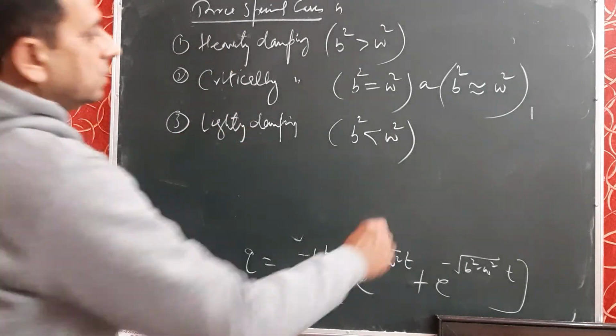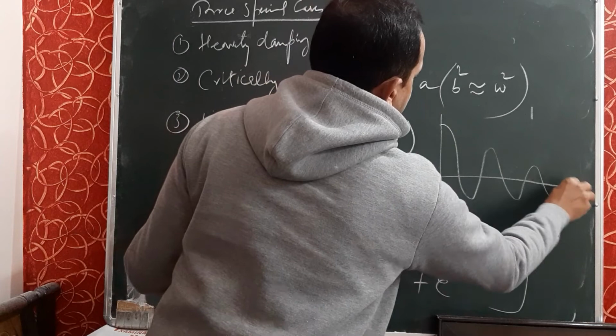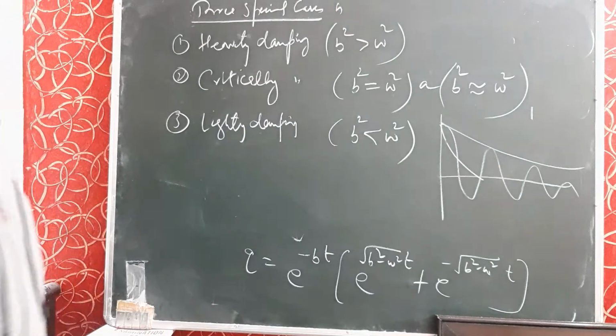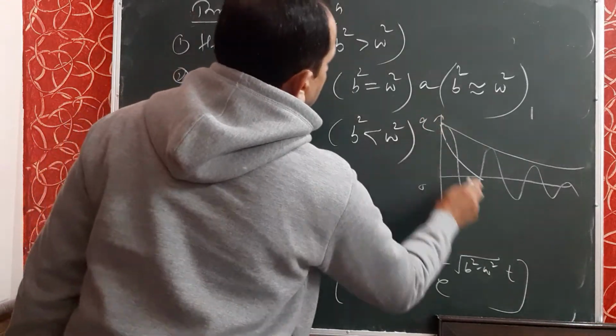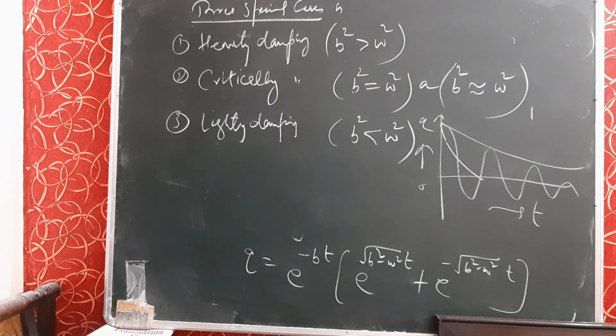You have already observed these three types of graphs, heavy damping, critical damping and light damping. The graph shows the variation between q and t. The same type of results we obtain in this article, but the only difference is x is replaced with q, and omega square is 1 by LC and 2b is equal to R by L.